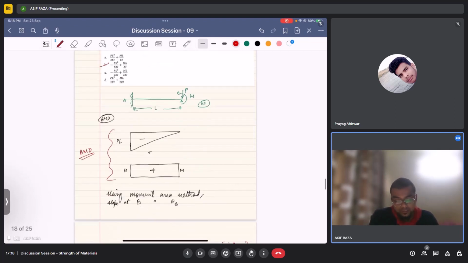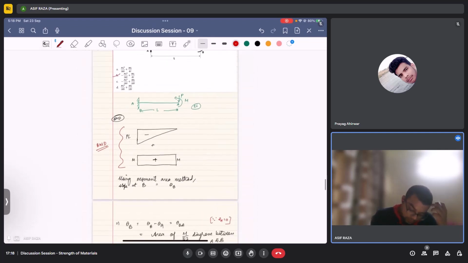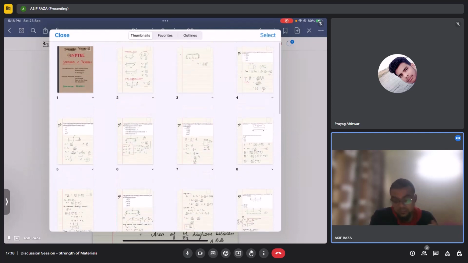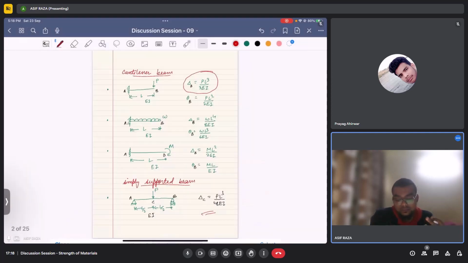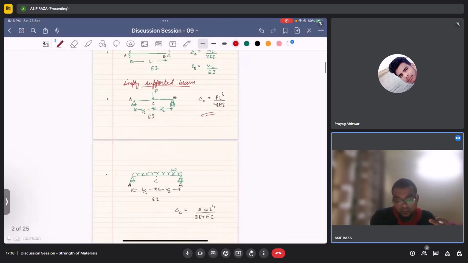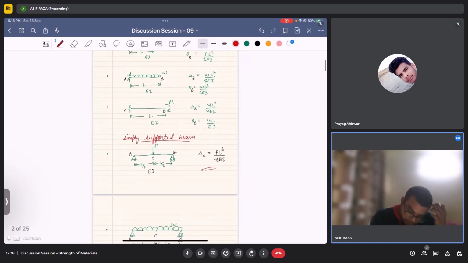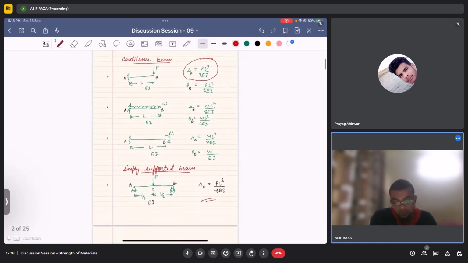So this is trying to find it using the moment area. I'm just repeating again and again, you can just remember the 5 standard cases which I provided. You can use these to directly compute it.